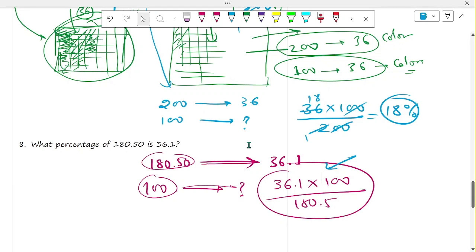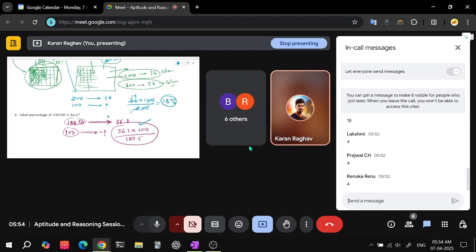So in this case if you try to use a calculator, 36.1 divided by 180.5 into 100. So how much is the answer?